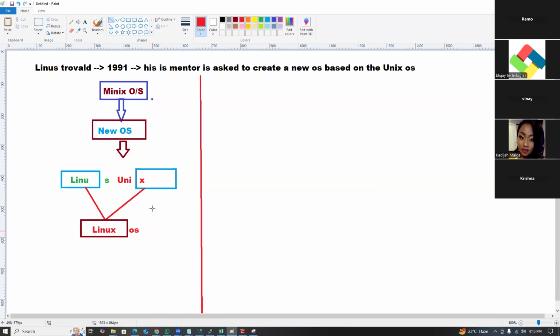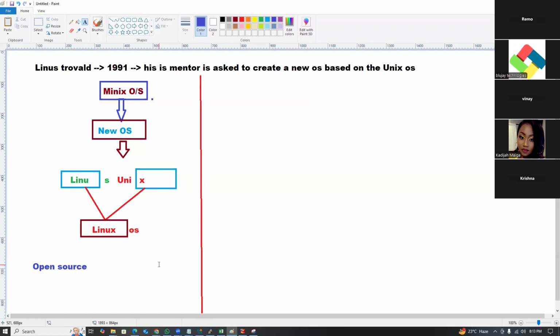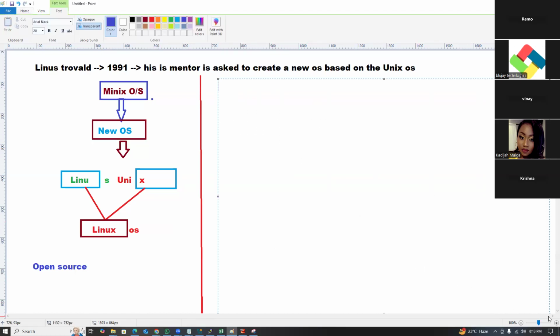And he released it as open source. Since he released it as open source, a few of the companies took that source code and created their own types of OSs.